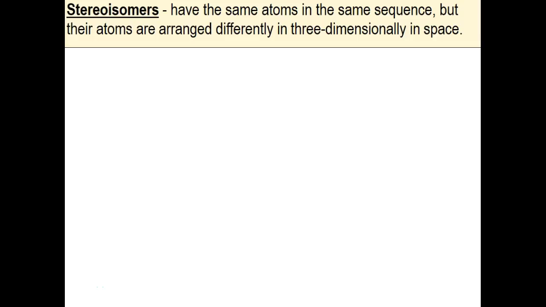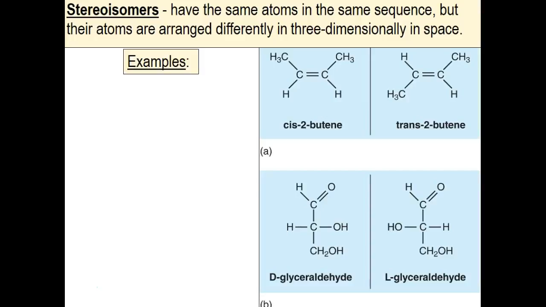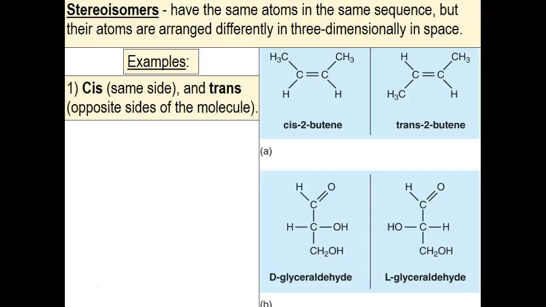It's also important that you understand stereoisomers. These are molecules that have the same atoms in the same sequence, but their atoms are arranged differently in three-dimensional space. So the example shown on this slide, the first one is looking at cis versus trans.